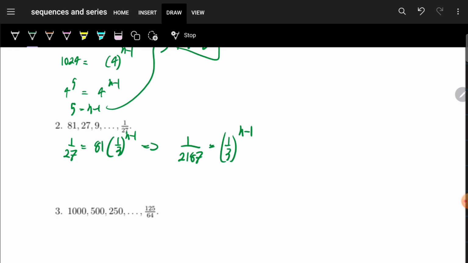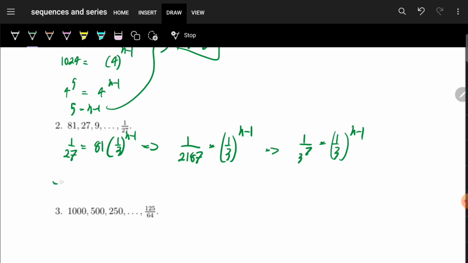So we can do the factor tree, but I think I can take a good guess at this. I think this is going to be 7. Yes. So this is the same as 1 over 3 to the 7.